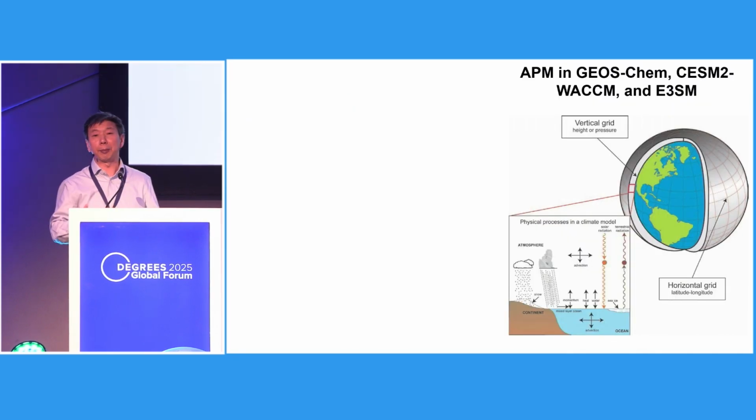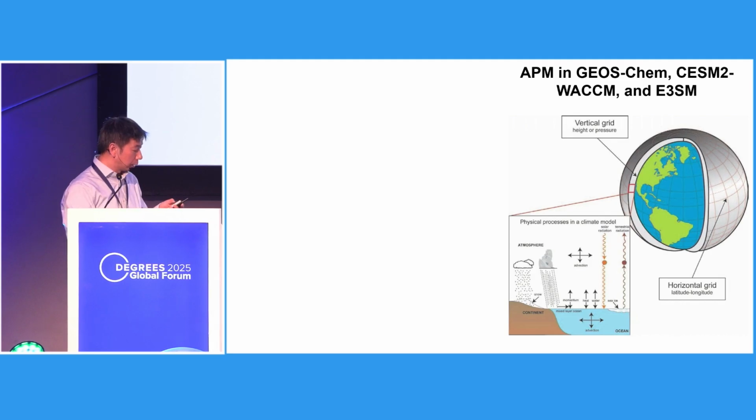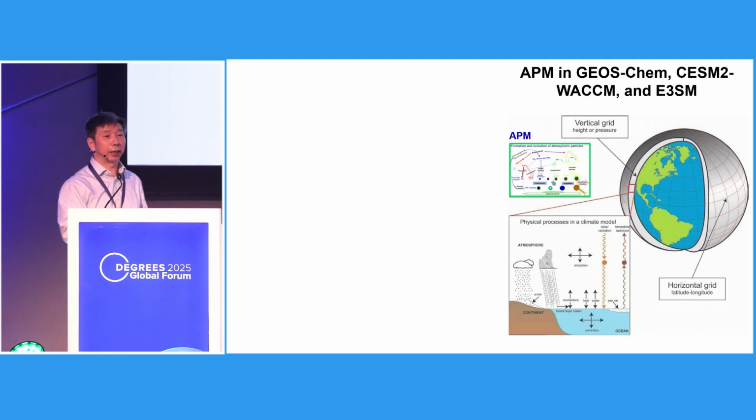For the three-dimensional model, many of you know, we basically divide the atmosphere into grid boxes. You have the horizontal grid and the vertical grid. In each column, you have all the physical processes, cloud, radiation. What we did is we added the APM size-resolved microphysics in this three-dimensional model, and look at each like a box model and look at the processes.